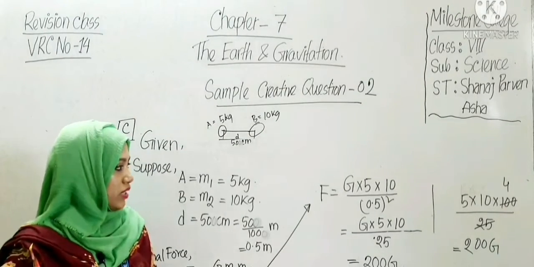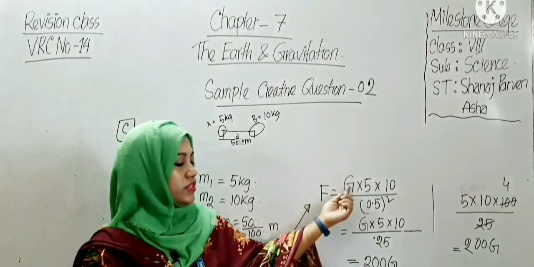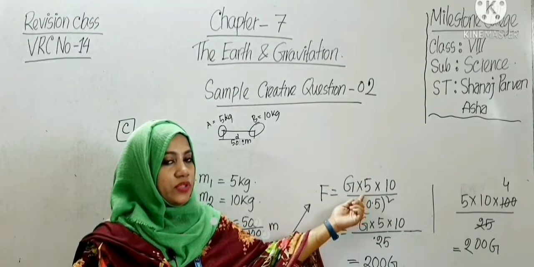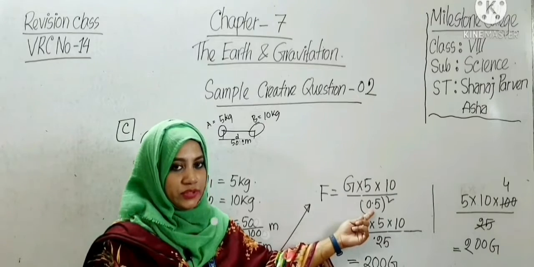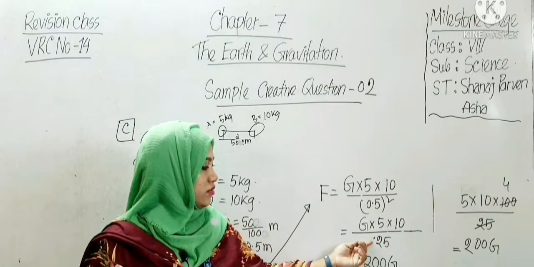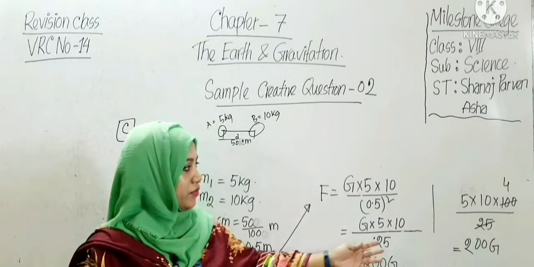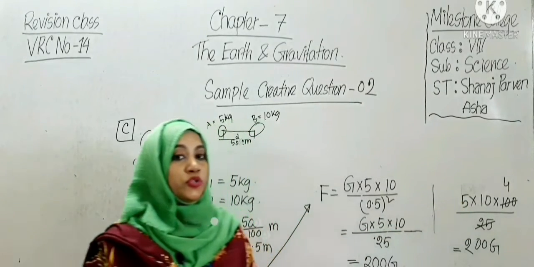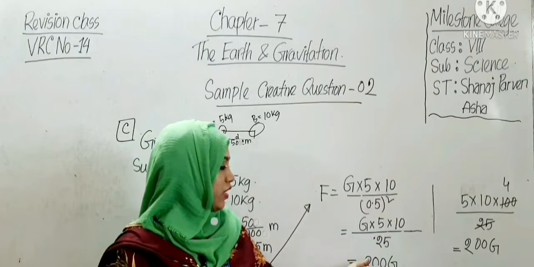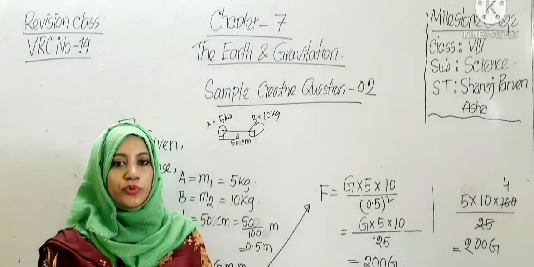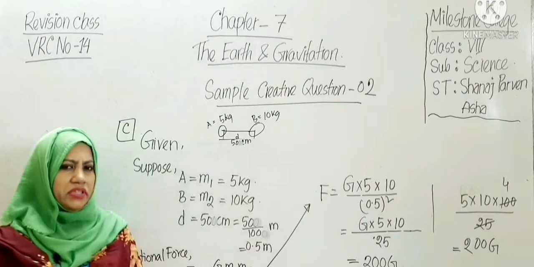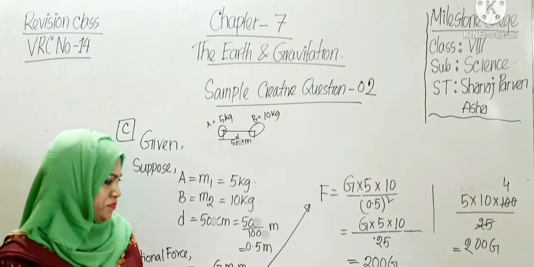Here we will put the value of M1, M2, and D. I have given you a graph how to do this one, and the value will come 200 G. You will not input the value of G, no need, because it is not asked.